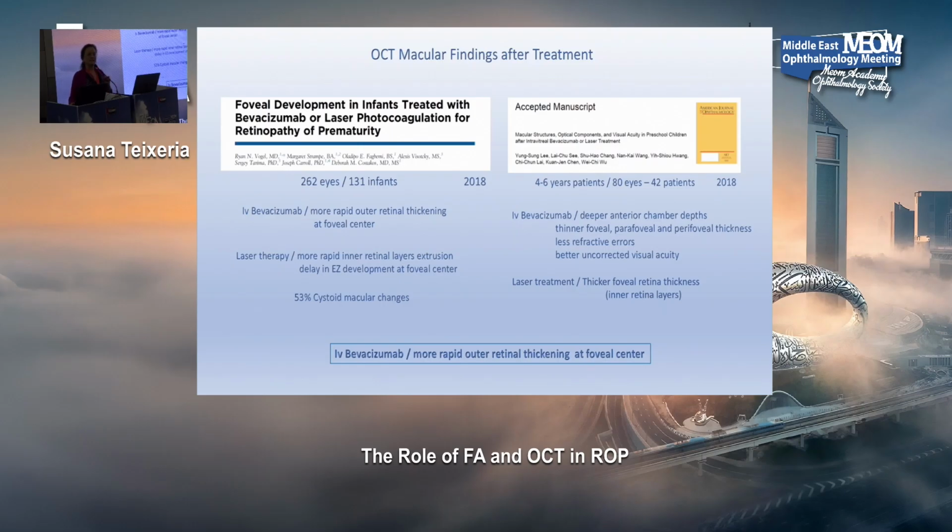Also, OCT can show you how the development of the different layers happens between the treatment of laser and the treatment with anti-VEGF. It's very interesting that the anti-VEGF treatment almost seems to give a more rapid inner and outer layer development. It's as if the photoreceptors compact more easily after the anti-VEGF treatment than with the laser treatment.